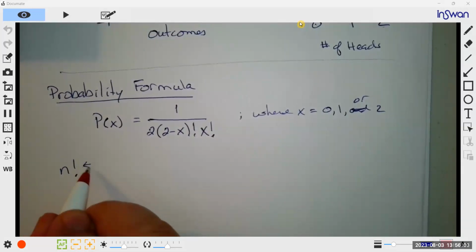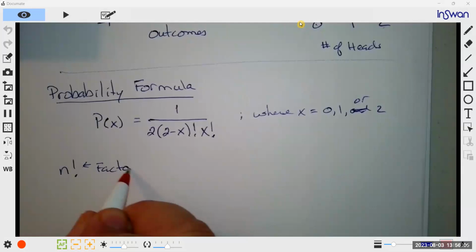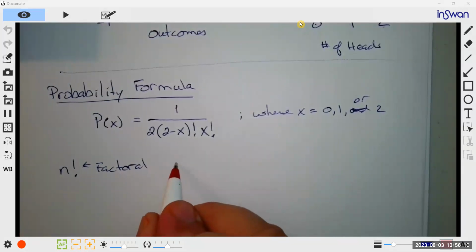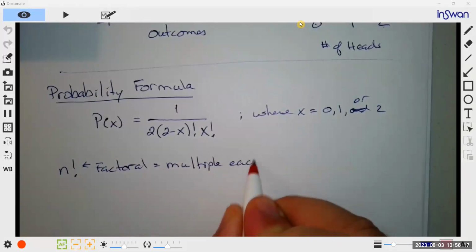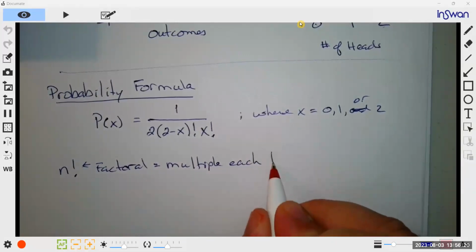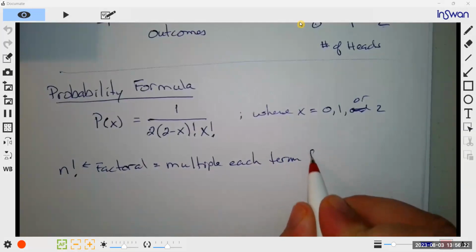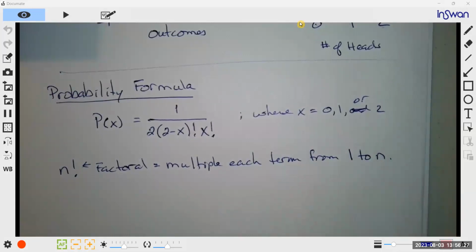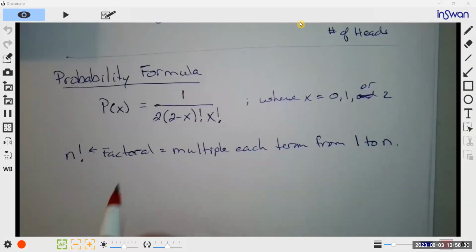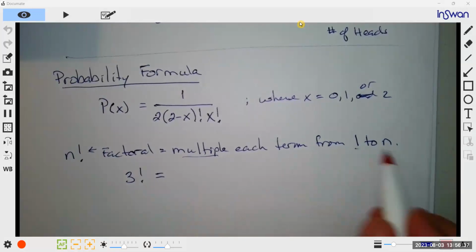Well, okay, now that symbol is called a factorial. A factorial simply means multiply each term from 1 to n. So if I had 3 factorial, I multiply each term from 1 to n.